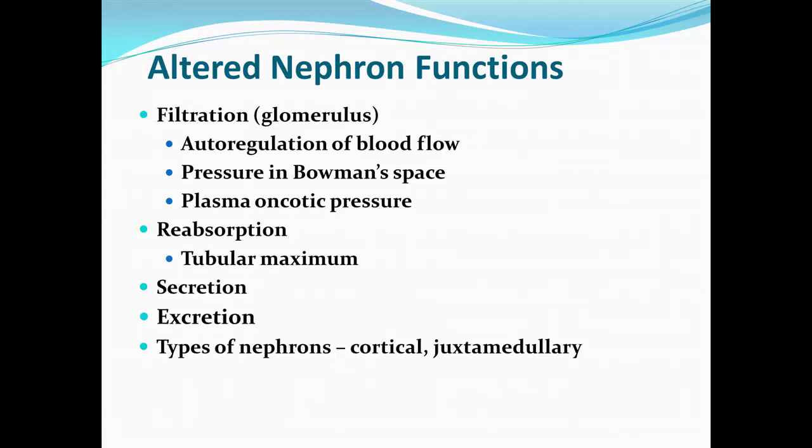The other piece that we want to be aware of is that many substances have a tubular maximum. A tubular maximum means that there's a point at which the tubule cannot allow any additional reabsorption into the peritubular capillaries. The peritubular capillaries can't take up any more. Remember in the pretest, and we talked about glucose, and we talked about the tubular maximum?